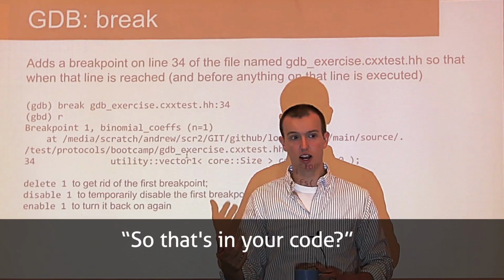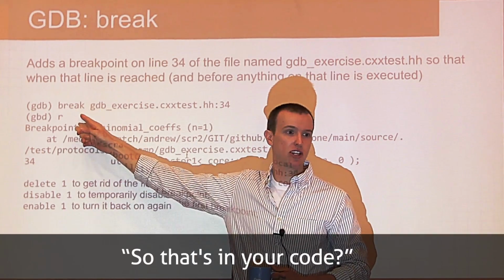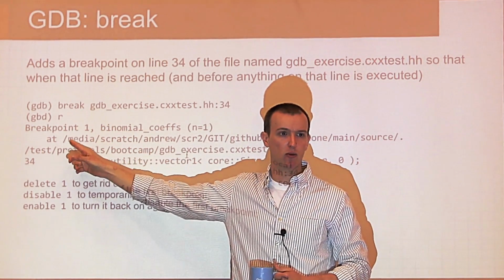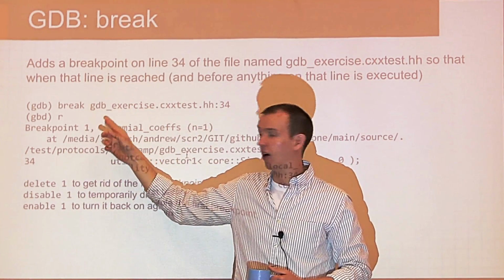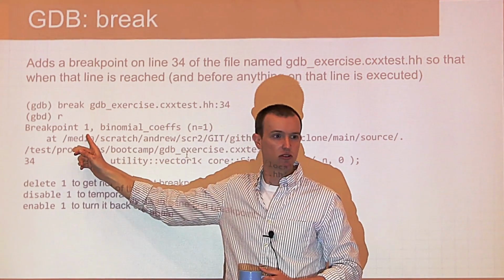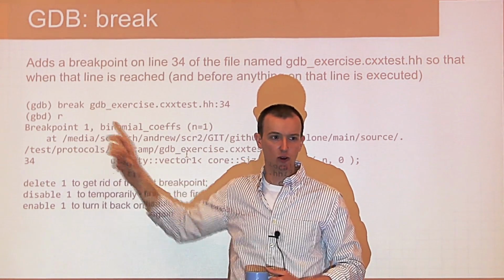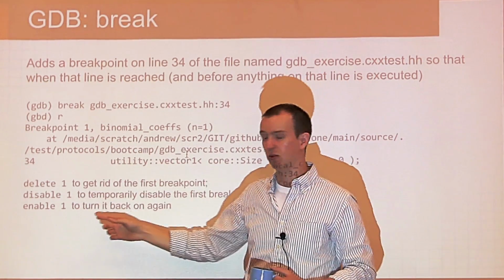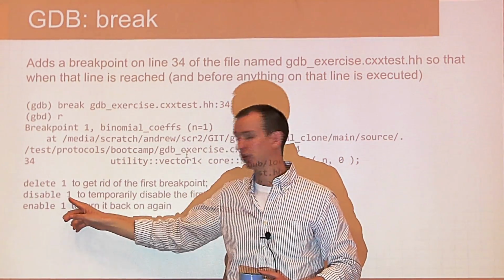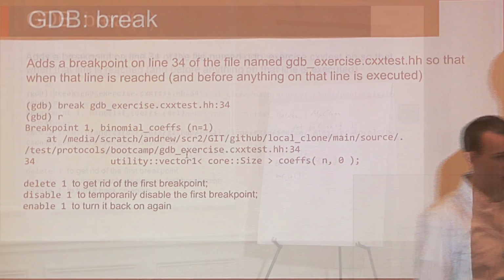So in this session, I've got exactly one breakpoint that I just added right here. So that's breakpoint 1. And so when I want to disable this breakpoint on this line, then I refer to it by its integer, its index. So if I added another breakpoint, then that would be breakpoint 2. And if I wanted to disable breakpoint 2, then I would do disable 2.